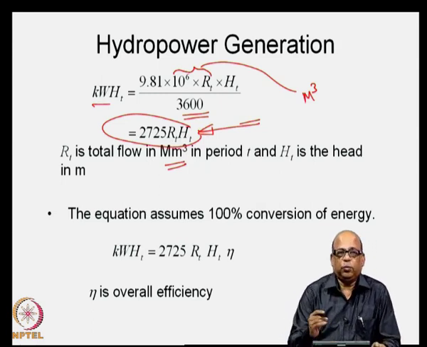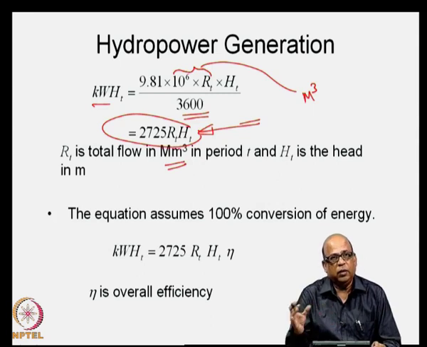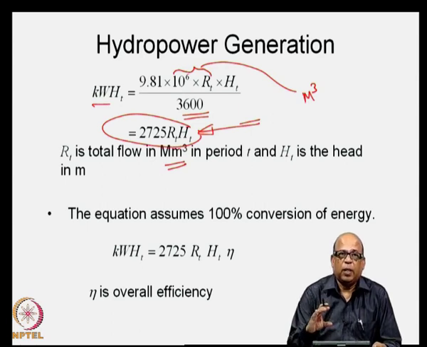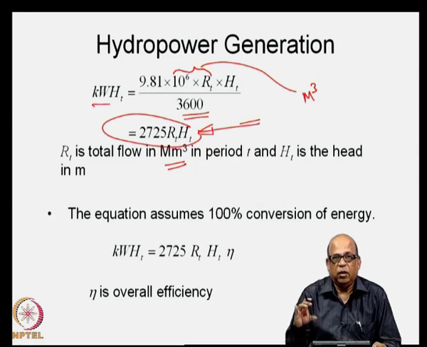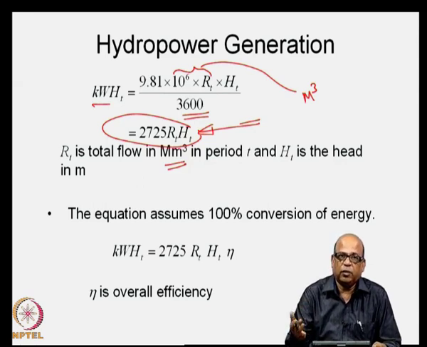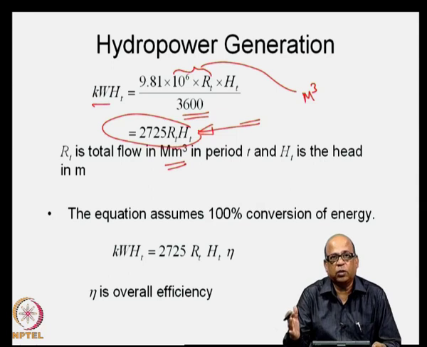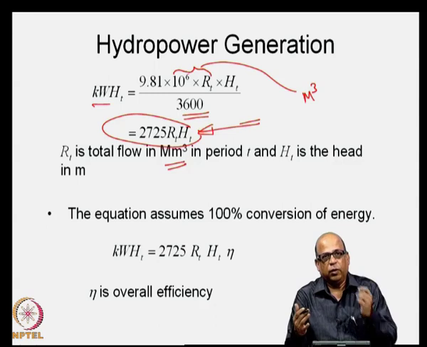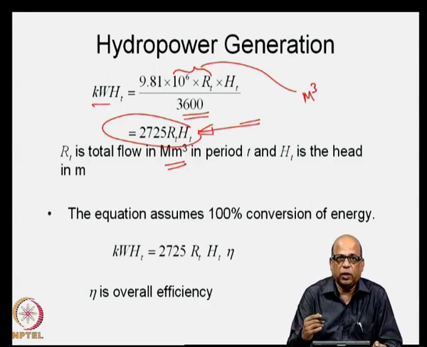Now, this assumes that 100% of the energy is converted into power, but that will not be the case. You will have an efficiency. For example, you may have conveyance losses, you may have loss of head in the turbines itself. There will be turbine efficiency of converting kinetic energy into electric energy and so on. So, you will have an overall efficiency associated with it, and that we multiply. Typically, it may be of the order of 80% or 0.8, 0.83 and so on.